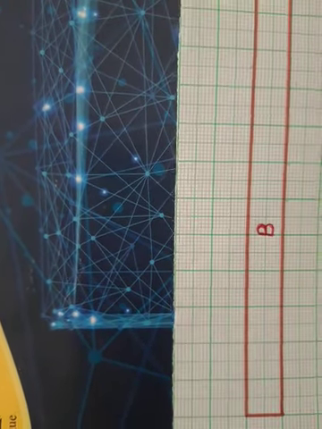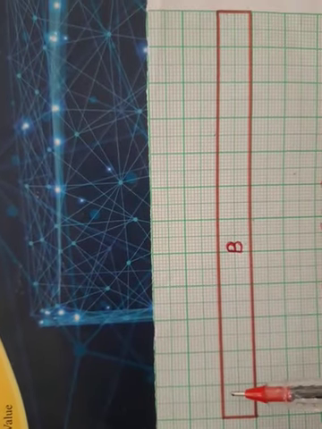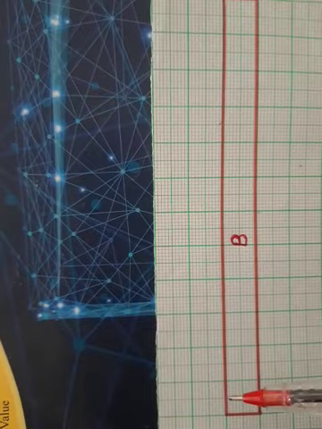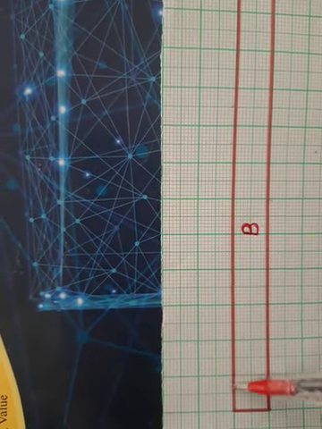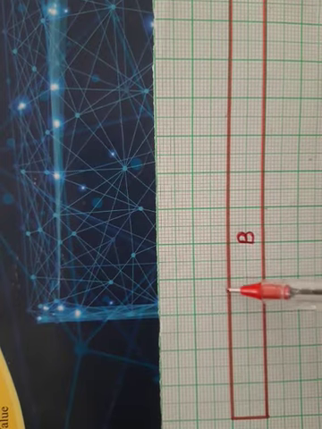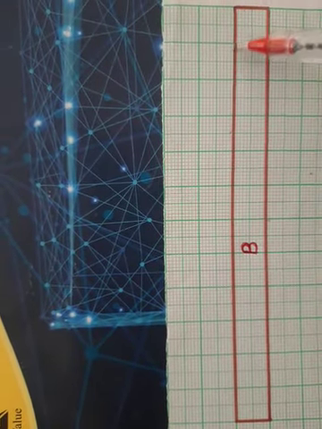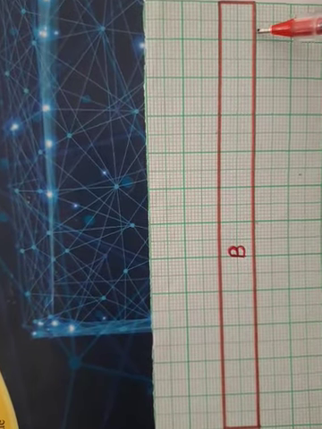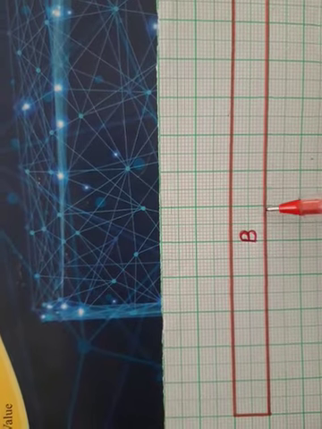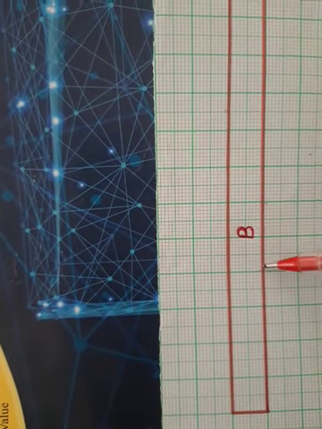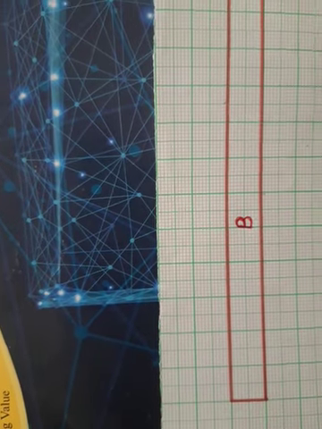For example, in another rectangle we will find the perimeter. So here is 1 centimeter, 2, 3, 4, 5, 6, 7, 8, 9, 10, 11, 12, 13, 14, 15, 16, 17, 18, 19, 20, 21, 22, 23, 24, 25 and 26.